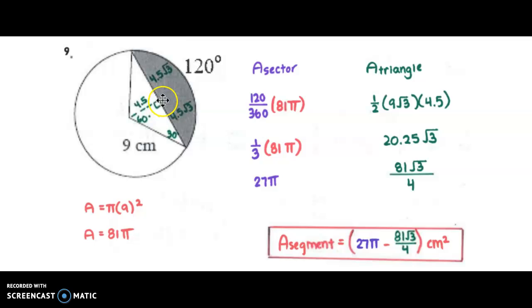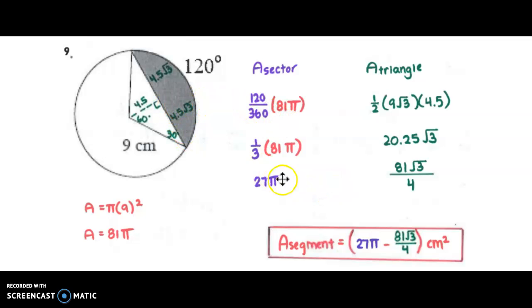Now you need to remember the area of the triangle is height times base divided by 2. So this whole thing is your base. So you have to add another 4.5 root 3 to get 9 root 3. That's your base. I've seen a lot of students in the past only use 4.5 root 3 as the base.